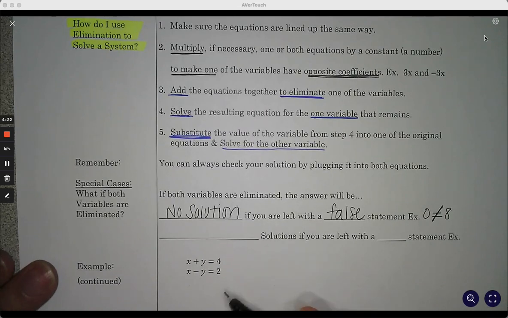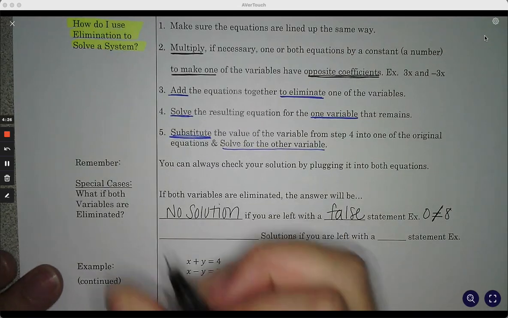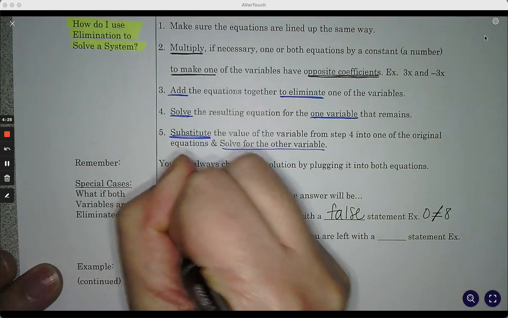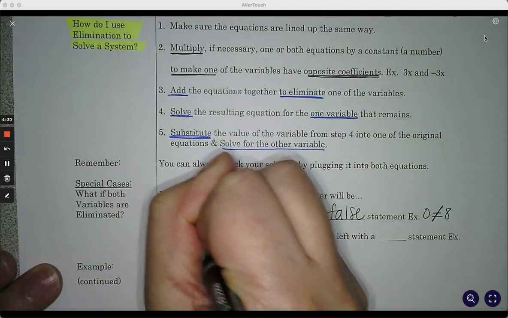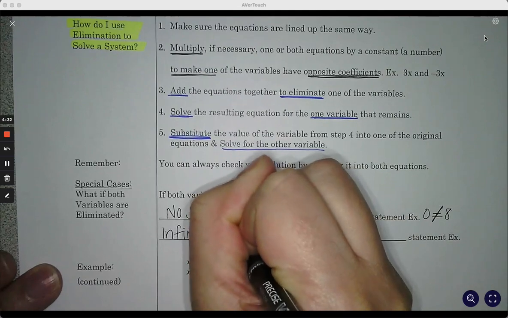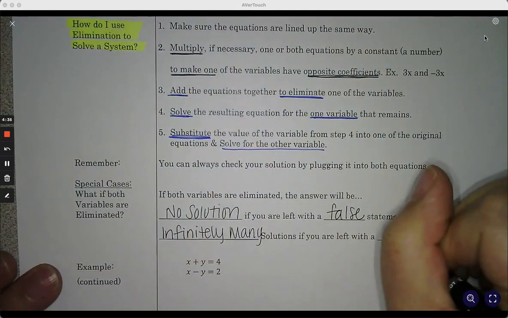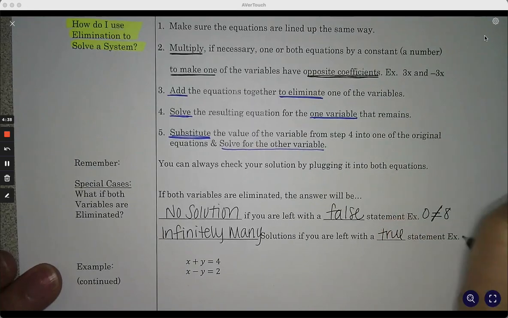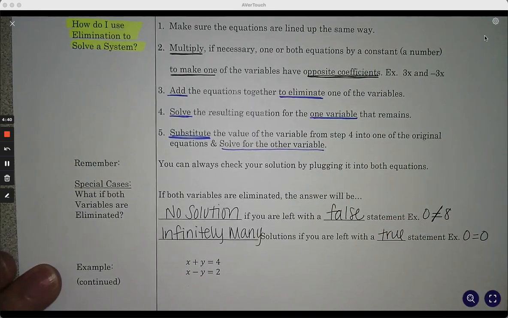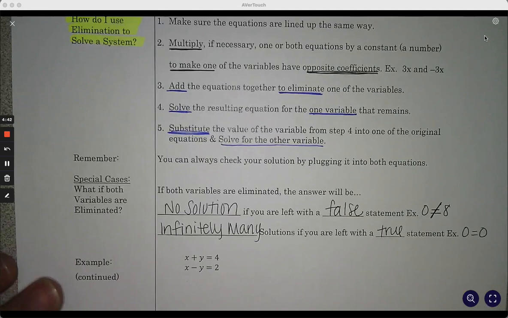All right, so our answer would be no solution. Or we could have infinitely many if we are left with a true statement. So something like 0 equals 0. Okay, so that's true. So we have infinitely many solutions.